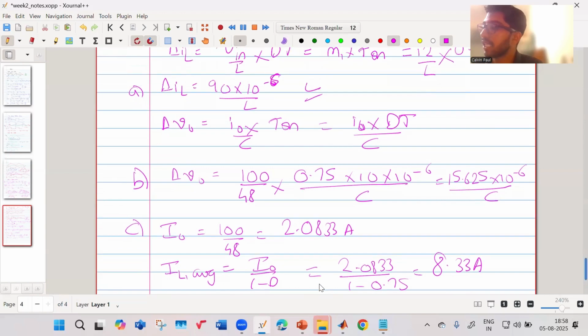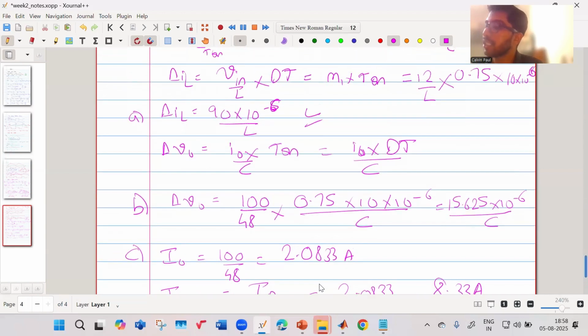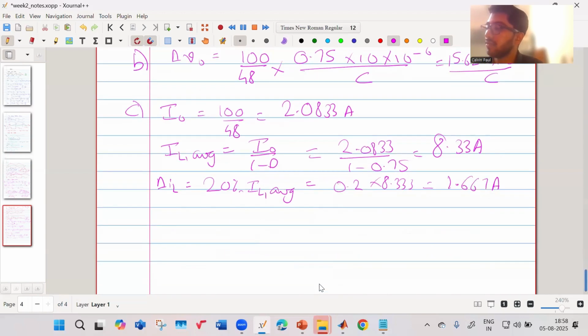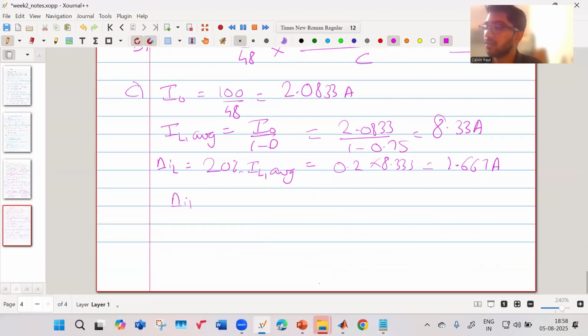Also, we have already found delta IL is what? 90 into 10 to the power minus 6 by L. So our L is 90 into 10 to the power minus 6 upon 1.667.